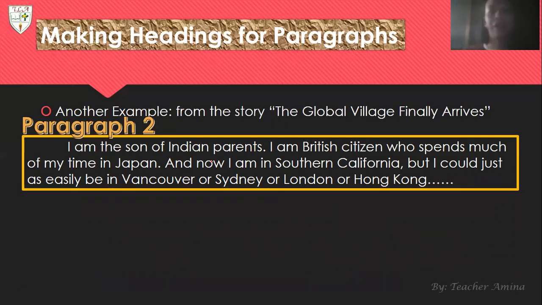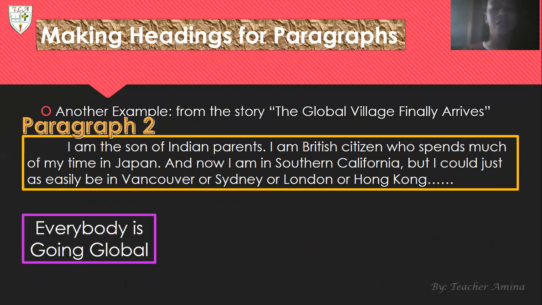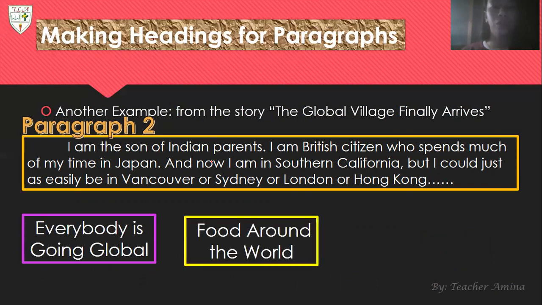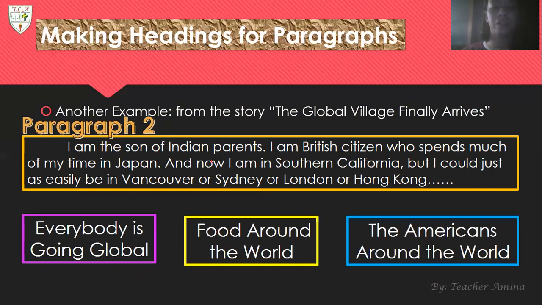For this paragraph, what do you think is a perfect heading? Do you think it's Everybody Is Going Global, Food Around the World, or The Americans Around the World? That's right. It is Everybody Is Going Global.